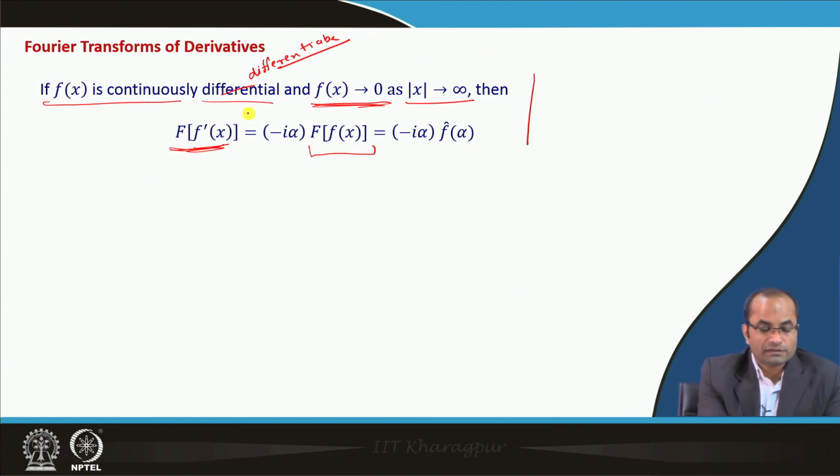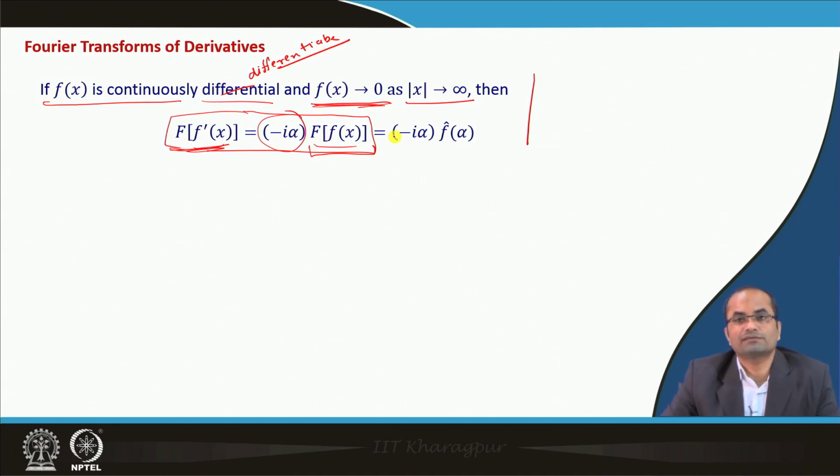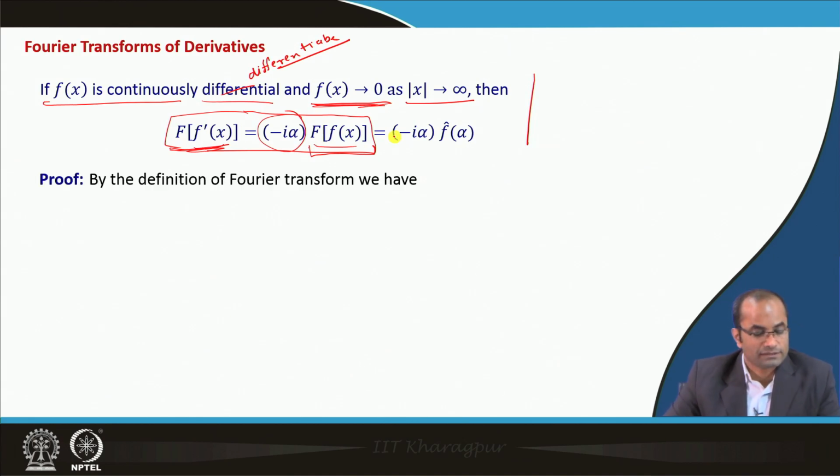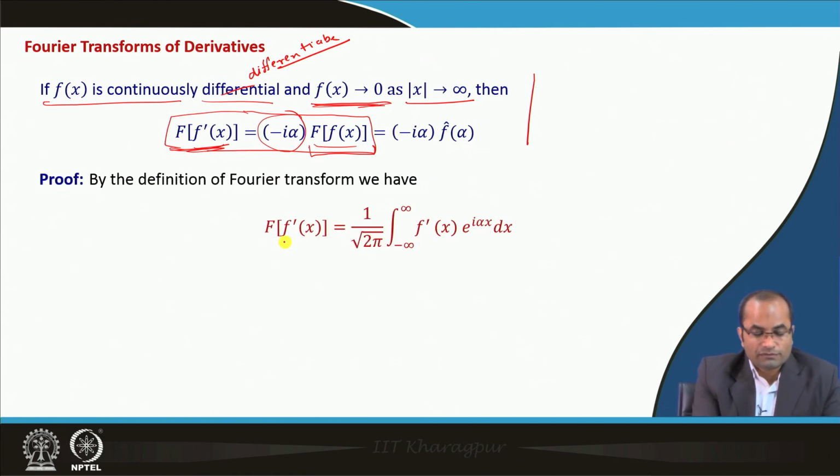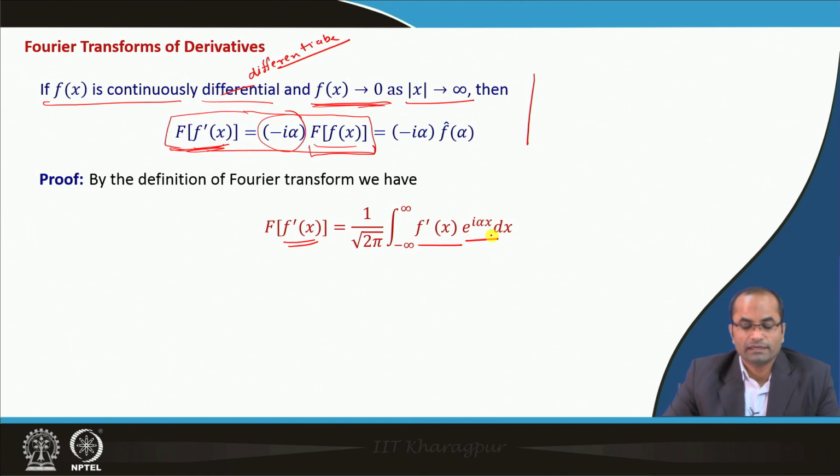Then we have this result that the Fourier transform of f prime is equal to minus i alpha. So, this factor will come out, and then we have the Fourier transform of f(x). Again by the definition of the Fourier transform, we will apply it to f prime(x), which is the integral of f prime(x) e to the power i alpha x dx, and then integrating by parts.